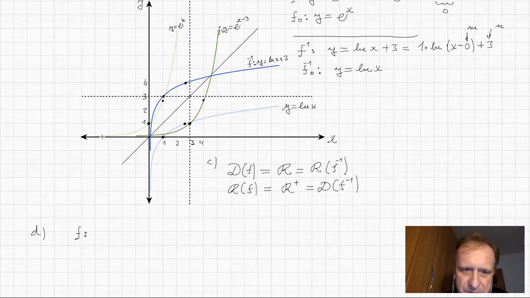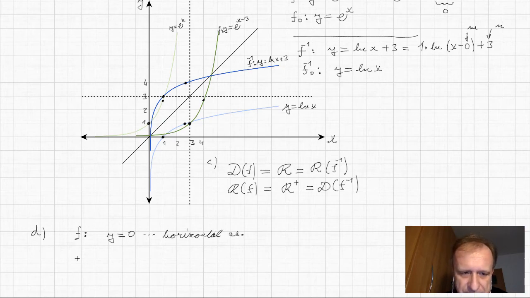Well, you can see that it approaches the x-axis without any restriction, but it never touches it. So I can say that the x-axis is its asymptote. It's the asymptote y equals 0. This is the equation of the x-axis, and we say that it's a horizontal asymptote.